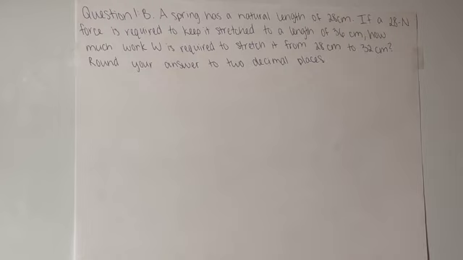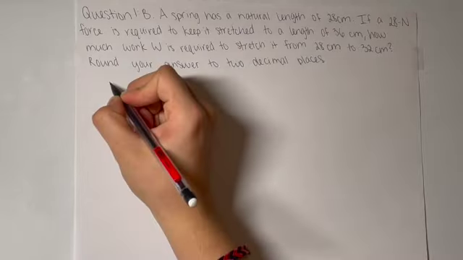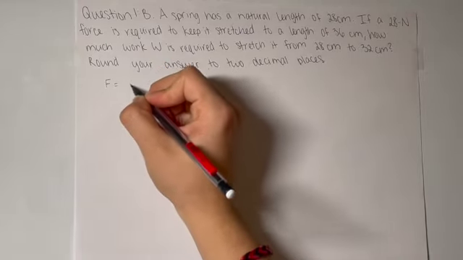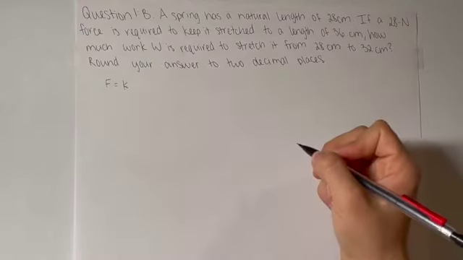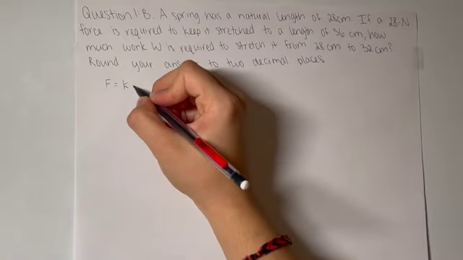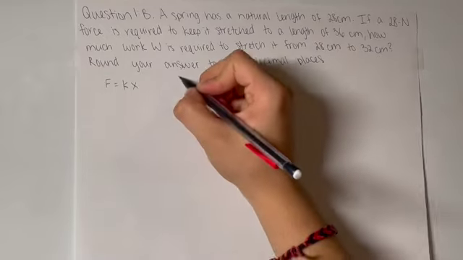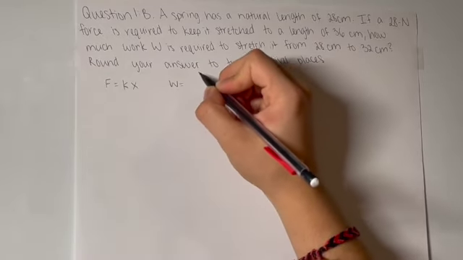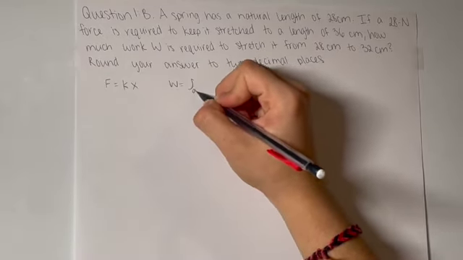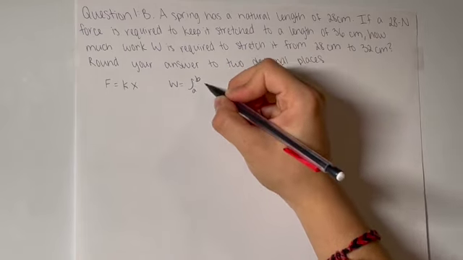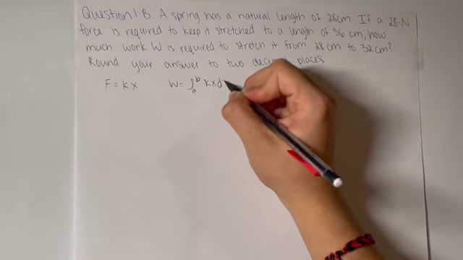Now, the two formulas we need for this question are for force and work. For force, F equals K, the spring constant, times x. For work, the formula is W equals the integral from a to b of Kx dx.